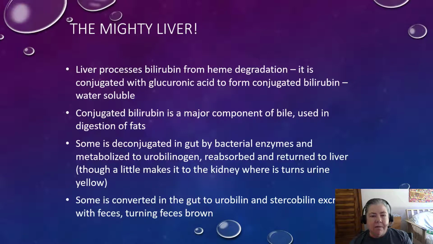And then some of it in the gut, again, is deconjugated to urobilin and then something called stercobilin. And these are excreted with the feces, and they are the pigment that makes poop brown. So, bile, you might not have thought about this, but bile is what makes urine yellow and makes poop brown.